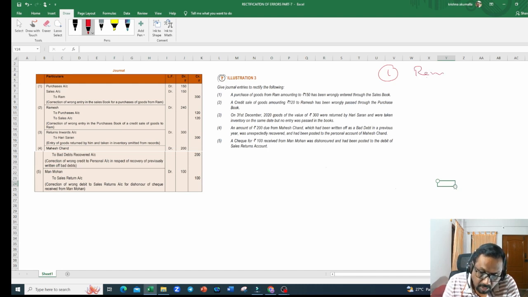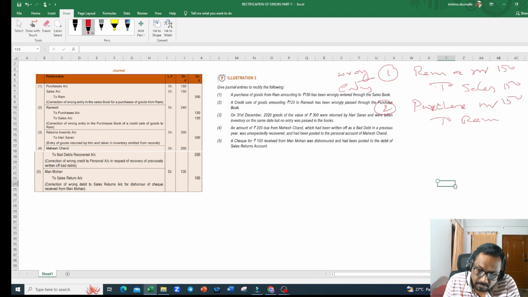So they entered RAM account debit to sales account. This is the wrong entry. Do you agree with me? What is the correct entry? Purchase account debit to RAM account. So RAM account debit, sales account credit is the wrong entry. Purchase account debit to RAM account is the correct entry.